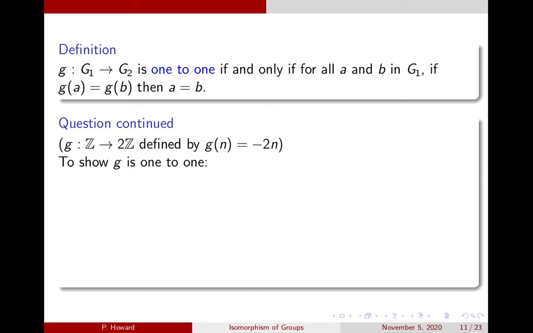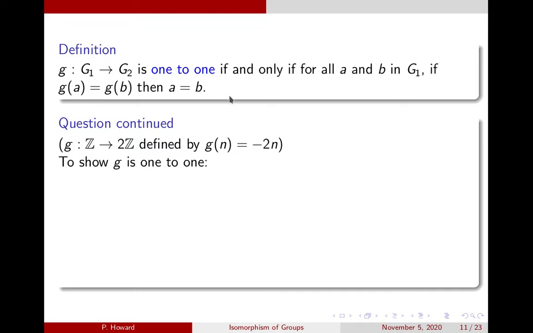This is sort of an indirect way of saying that if you start with two different elements here in G1 and apply a little g to them, you have to get two different elements of G2. It's phrased this way because this is the easiest formulation to use when you are doing proofs.